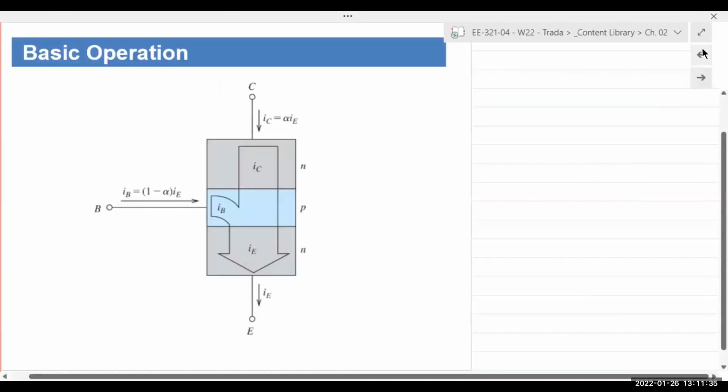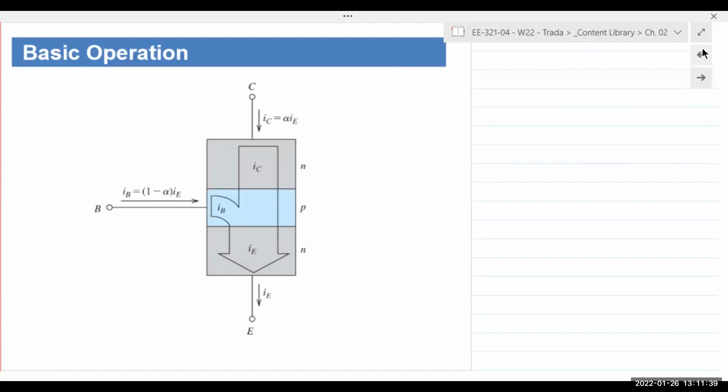And we were discussing the basic operation of an NPN BJT. We have three terminals: collector, base, emitter. We have charge carriers going through the junctions, and we have three currents associated with each one of those terminals: the base current, collector current, and the emitter current.